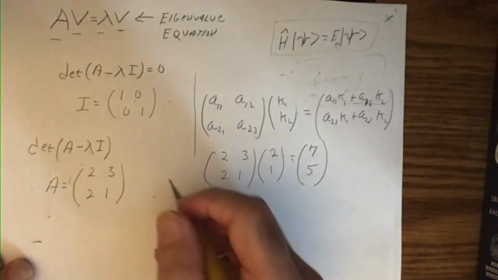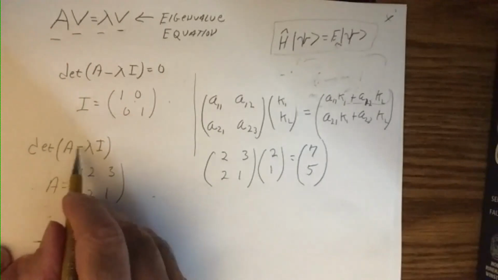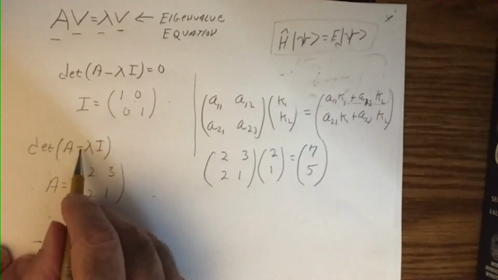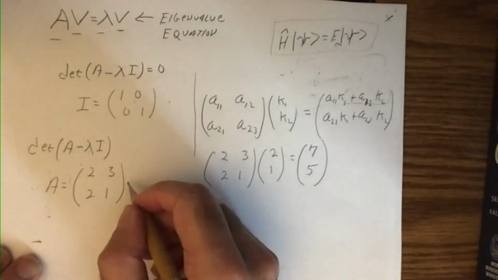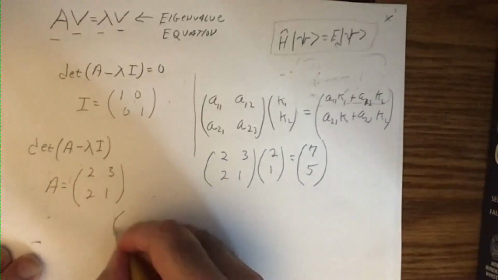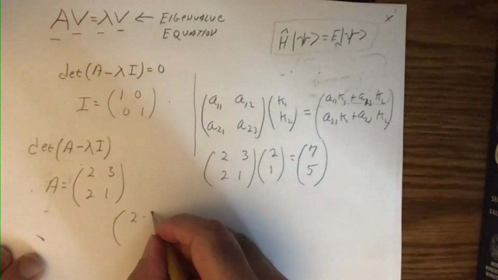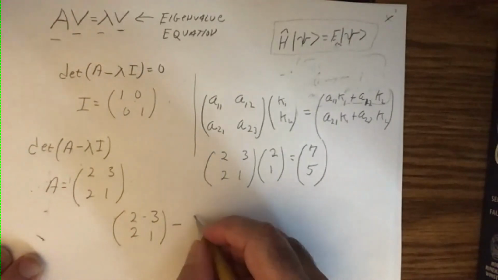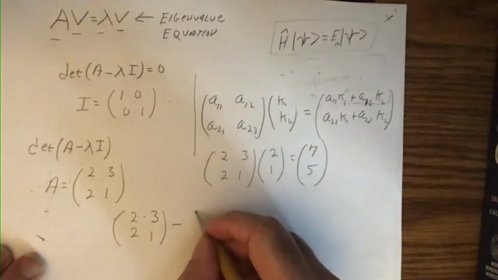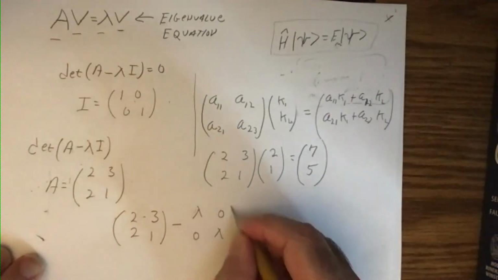So what is A minus lambda times the identity matrix? I write this as 2, 3, 2, 1, minus the identity matrix, which would give me a lambda here, 0, 0, and a lambda here.